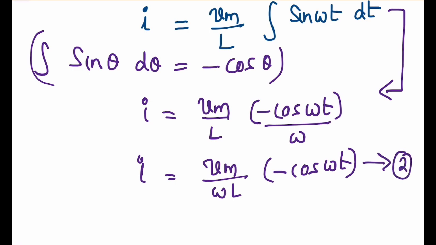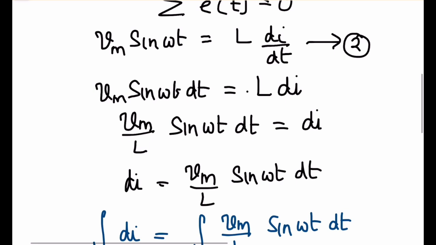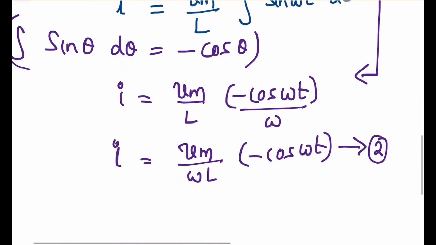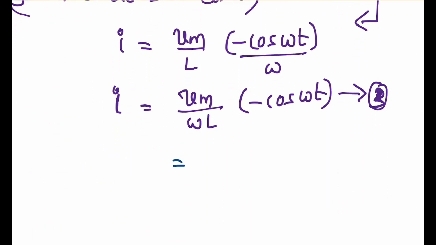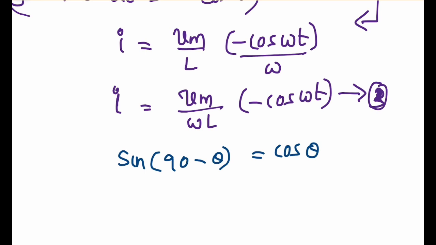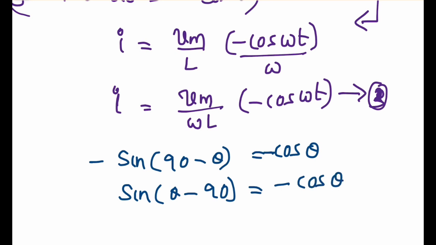Okay, so let it be equation number 3. We know from trigonometry, sine of 90 minus theta is equal to cos theta. Put a minus sign on both sides, and you will get sine of theta minus 90 is equal to minus cos theta, or writing 90 as pi by 2, sine of theta minus pi by 2 is equal to minus cos theta.